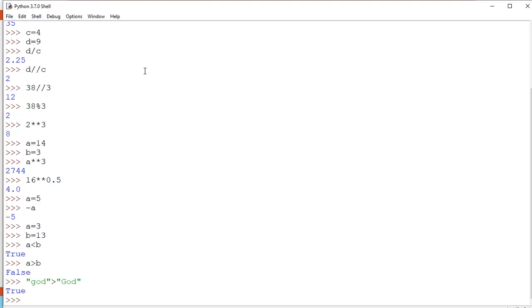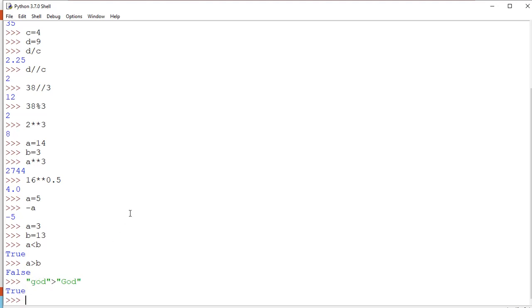See, the answer is true. Why? Because for the characters in strings, anything in small case is considered to have a greater ASCII value. Here you have written small god and capital GOD. The comparison is done here, and this one has a greater value, so it has shown true.